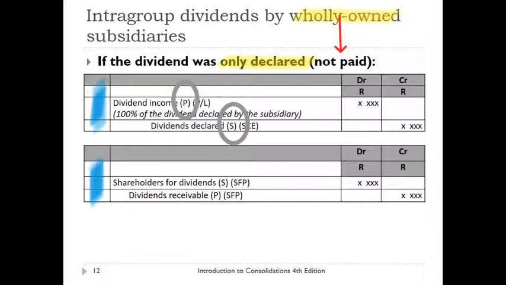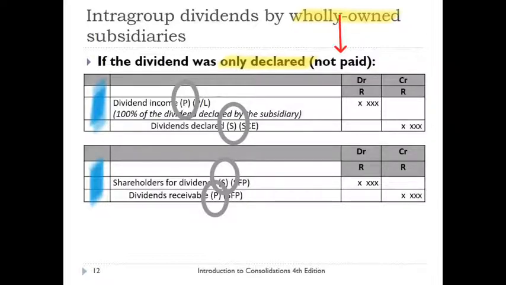To eliminate that debtor, I have a credit entry to dividends receivable. Again, it's the shareholders for dividends from the subsidiary that eliminates against the dividends receivable from the parent.